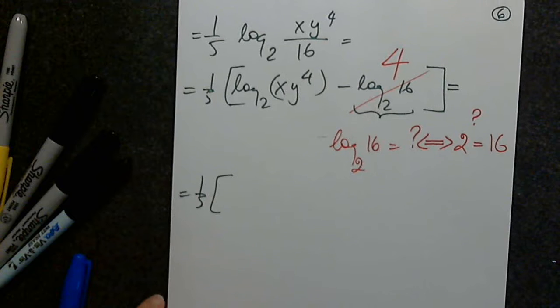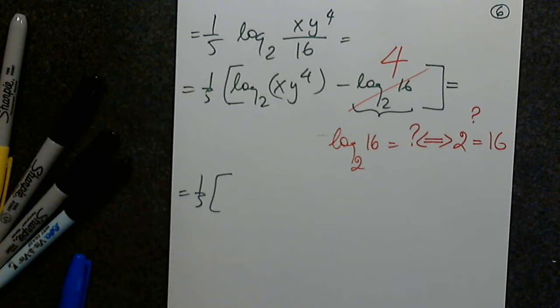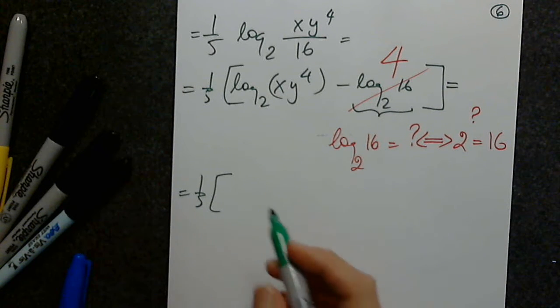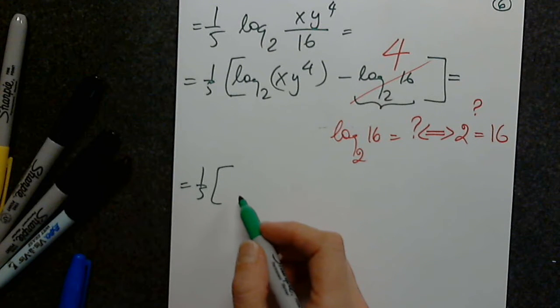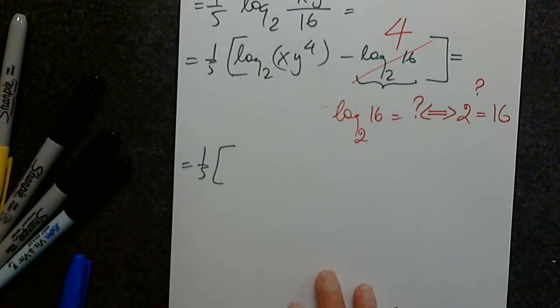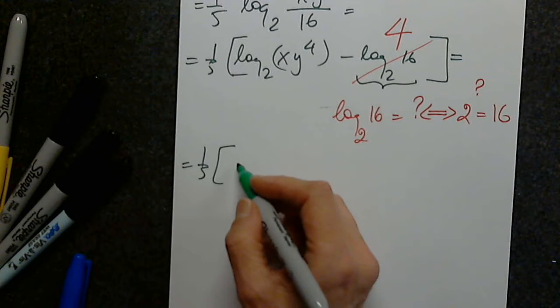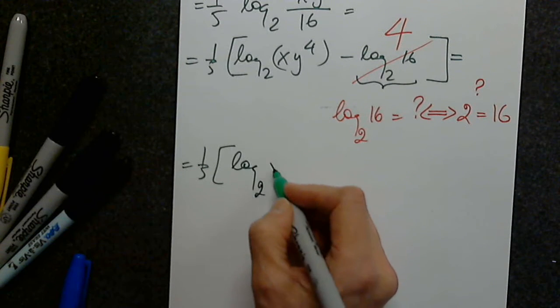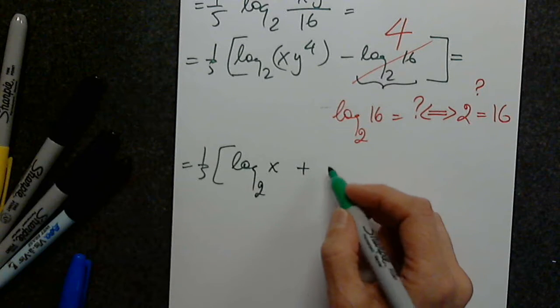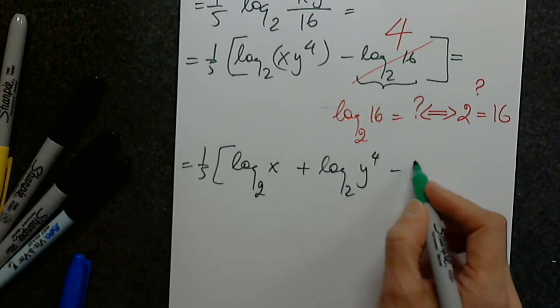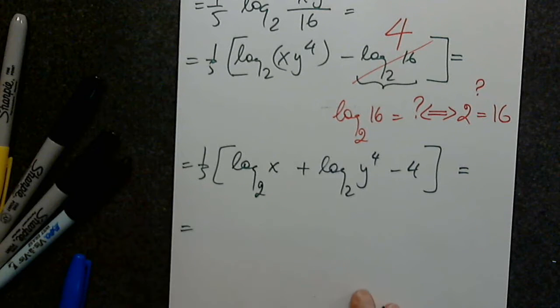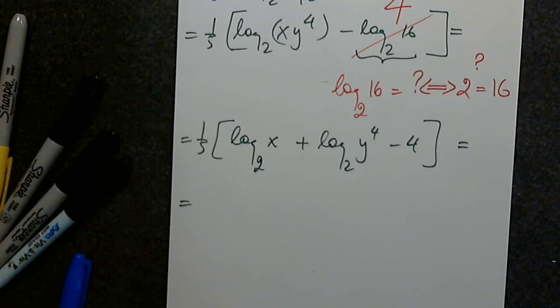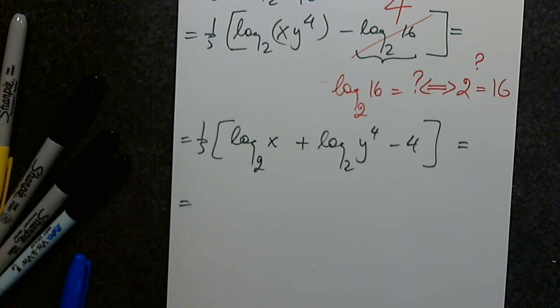1/5. Now let's see what happens with log base 2 of xy to the 4th. Log base 2 of x plus log base 2 of y to the 4th, minus 4. Perfect. I have one more step to perform inside. Which step would be that? Yes, awesome.